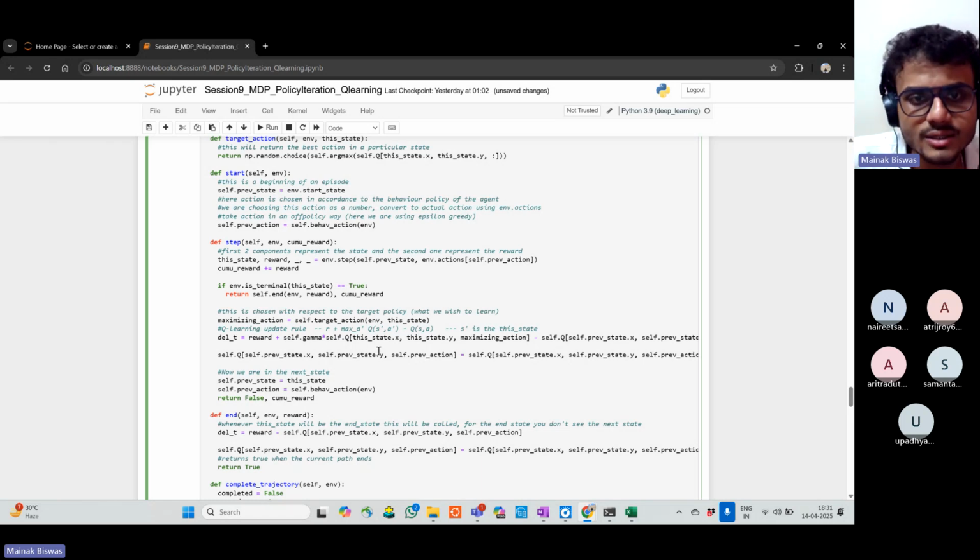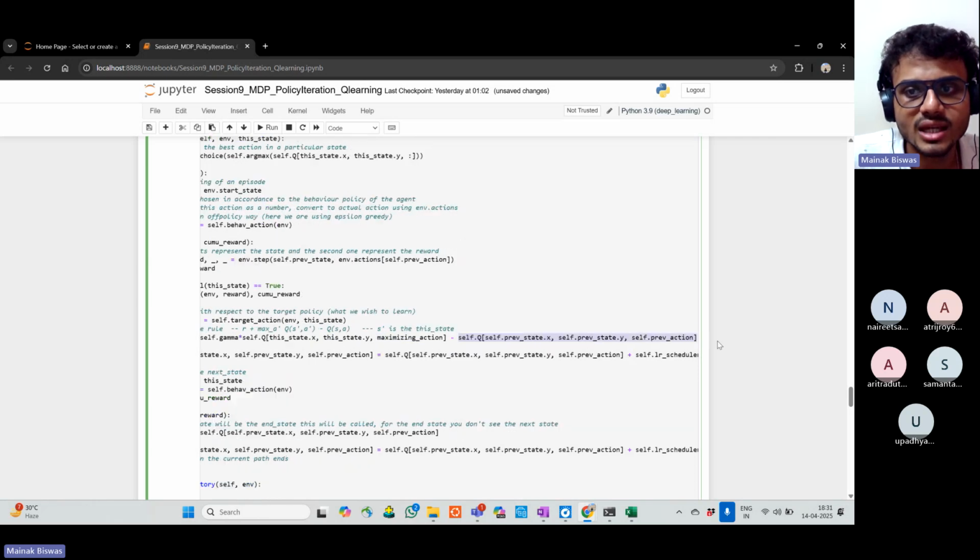What I do here is, for this state, look at this again, maximizing action. So I am choosing the maximum action and I am putting the value here. That's exactly writing this equation. And then I am putting the previous state. What was the previous action? Is this clear to everybody?